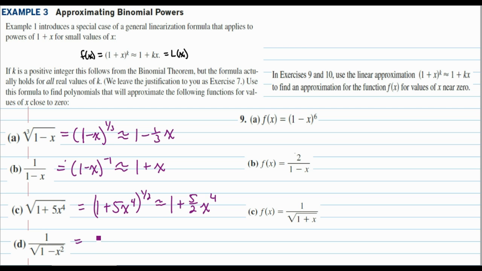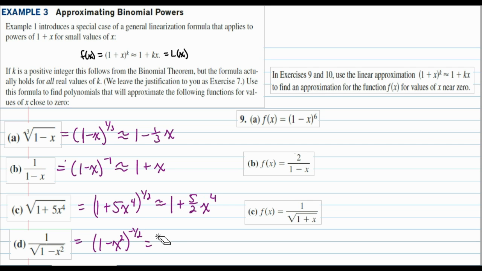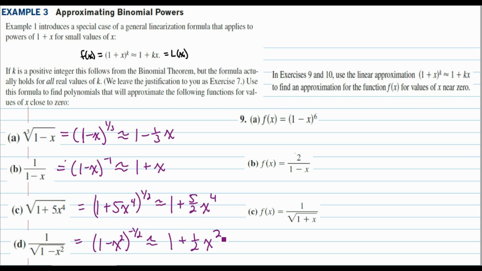Part D, this binomial is 1 minus x squared, and it's getting raised to the -1/2 power. So that can be approximated by 1 plus 1/2 x squared.